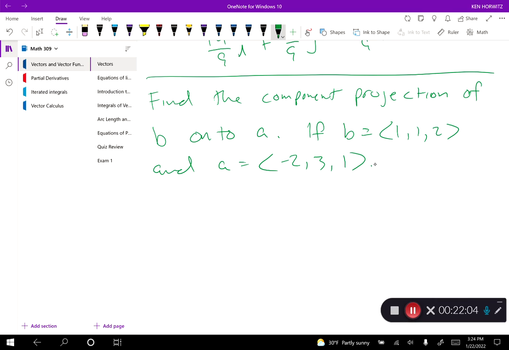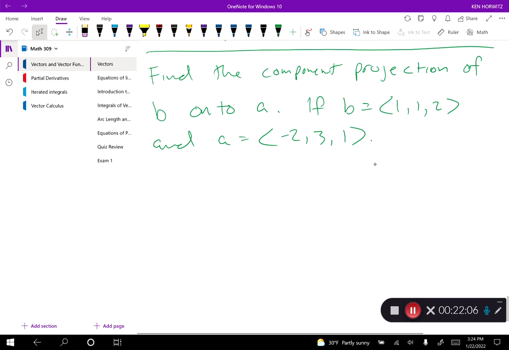All right. So sometimes when you use the same letters all the time, people start to rely on it. So I'm changing up the letters. So if I do the component of B onto A, I'm going to do A dot B over the magnitude of A. And you can see that the formulas are similar, but again, if your dot product is going to give you a scalar and your magnitude is going to give you a scalar, you're definitely going to get a scalar here.